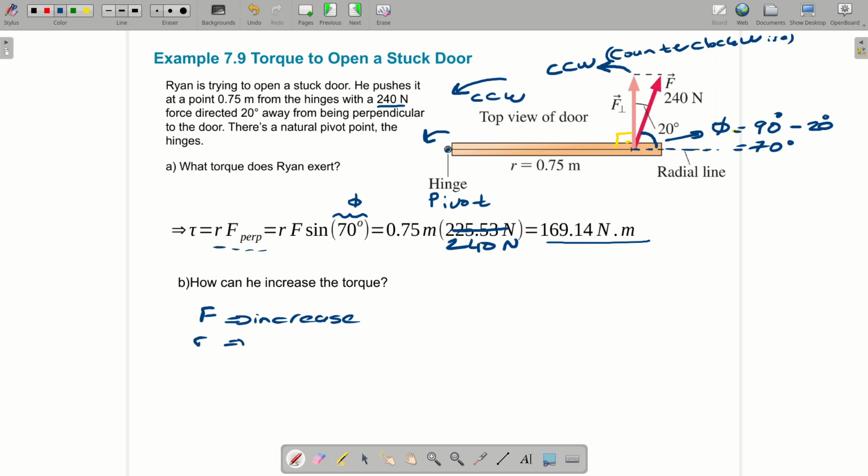So apply it a farther distance from the pivot point around which my object, the door, is rotated.